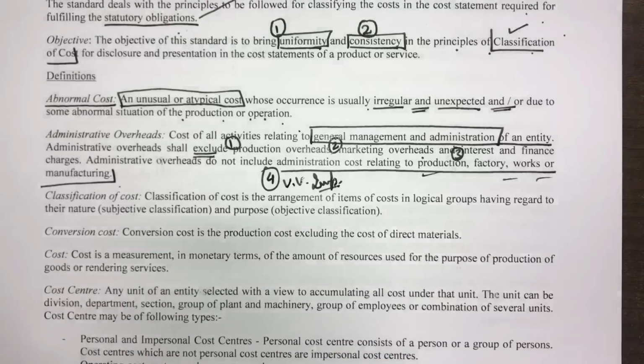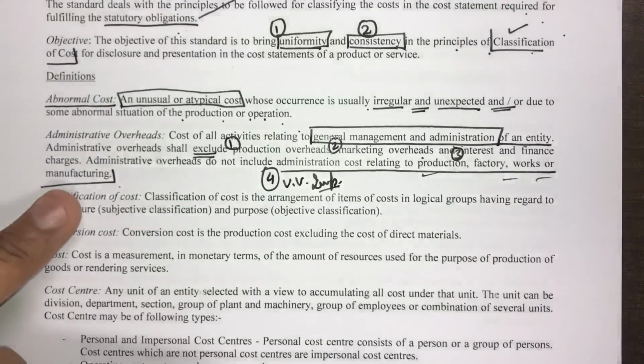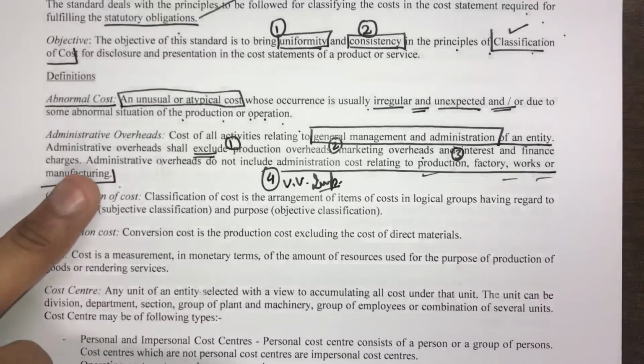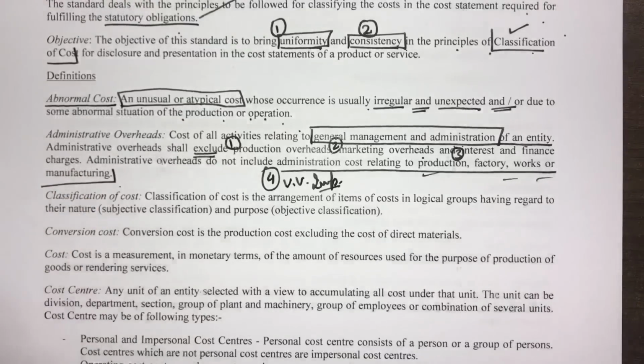Suppose you have a reception at your headquarters office, then the maintenance cost of that reception may be clubbed as admin overheads. But if you have a similar reception in your factory, in your place where production happens, in your place where manufacturing happens, then that cost will not be admin overhead, because that cost will be closely related to production.